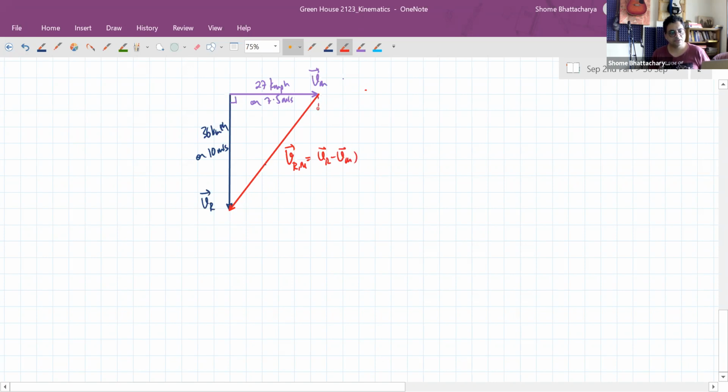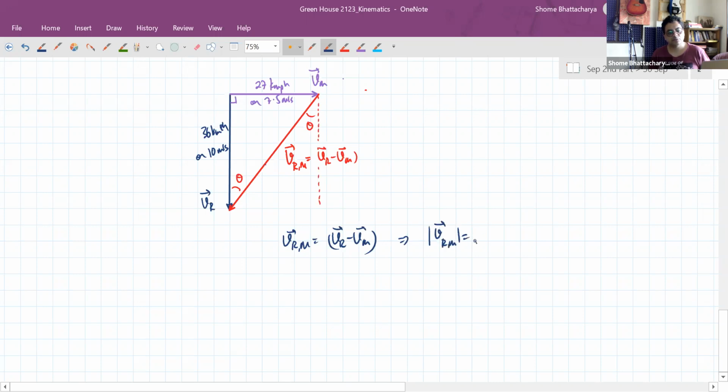And the angle at which it is slanted to the vertical, that's this angle, let's say. That's the same as this angle here. So you can see that now these two are perpendicular to each other.